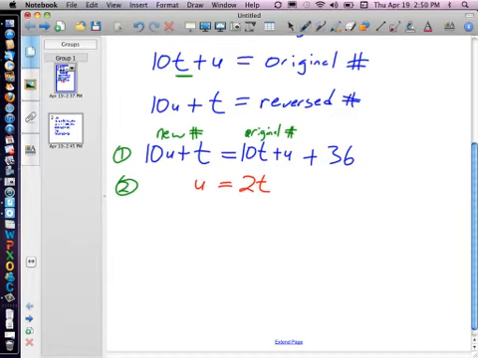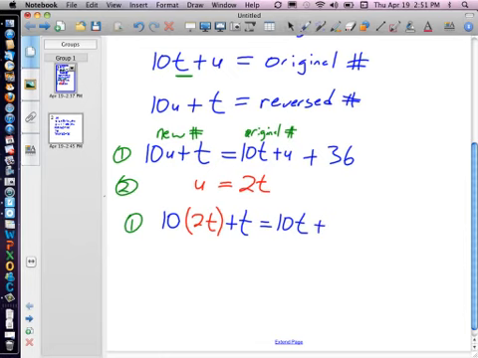So into equation 1, I'm going to write 10 times 2t, because we're substituting in 2t for u, plus t equals 10t plus, still substituting again, 2t plus 36. So this is equation 1 rewritten, replacing the u's with 2t.